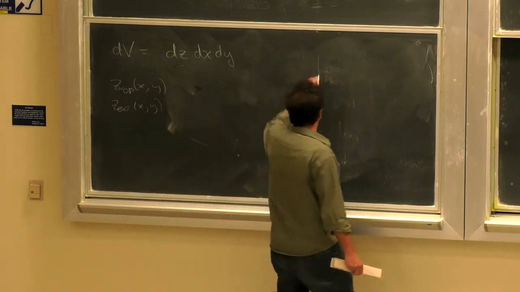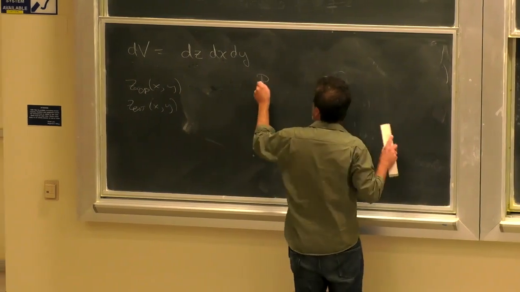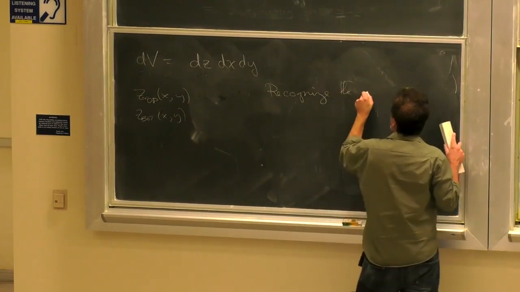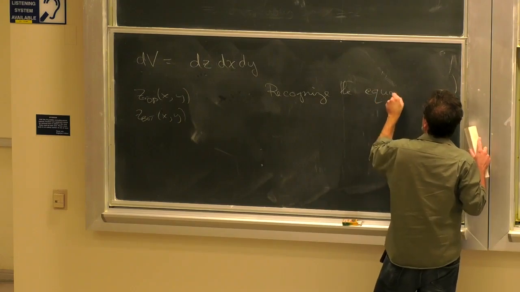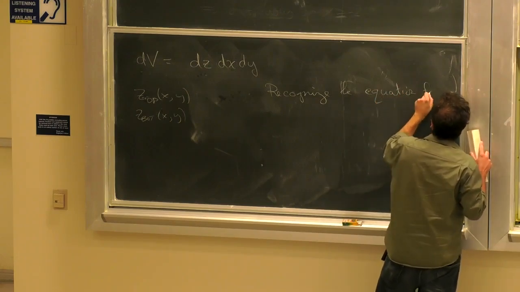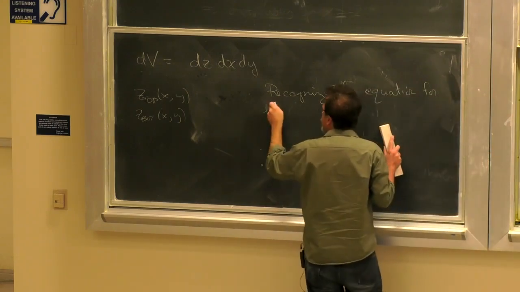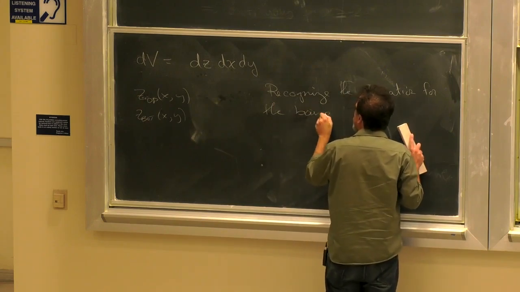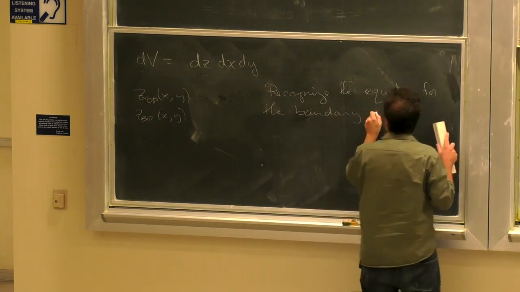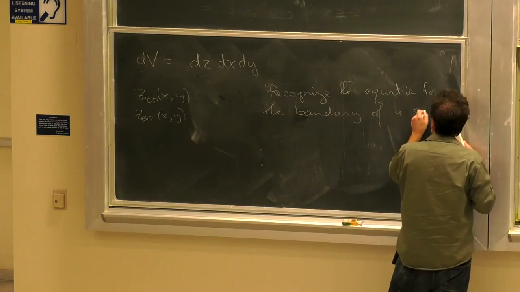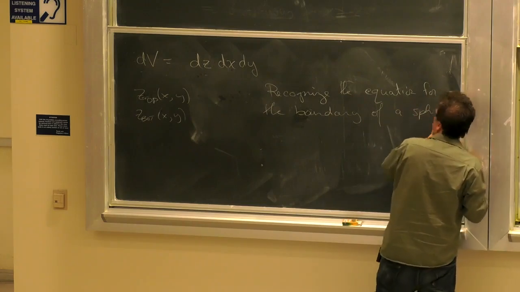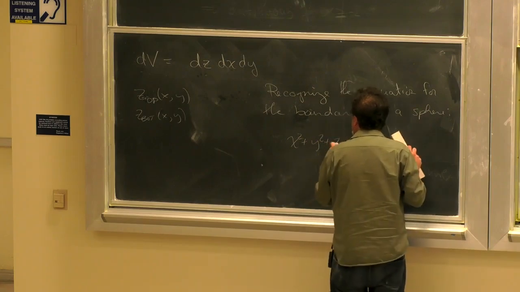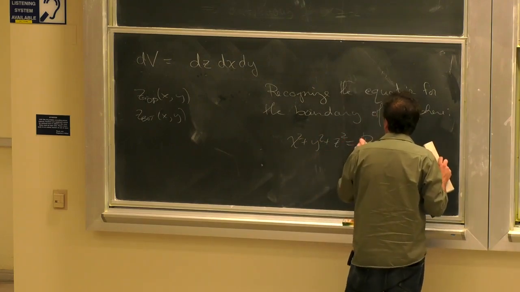So how do we do that? Well, we recognize the equation for the boundary of a sphere is x squared plus y squared plus z squared is equal to the radius squared.